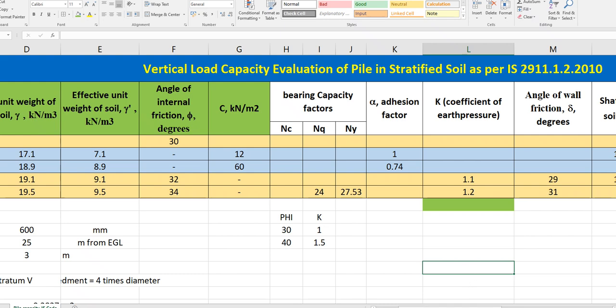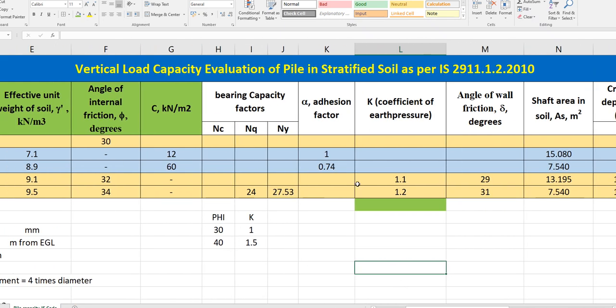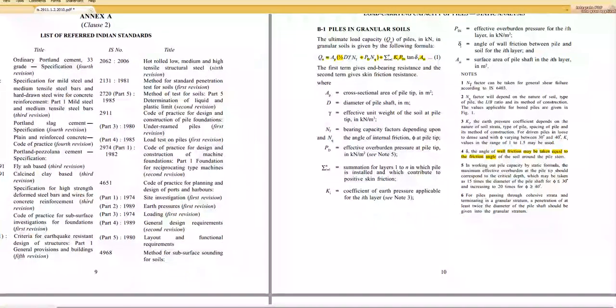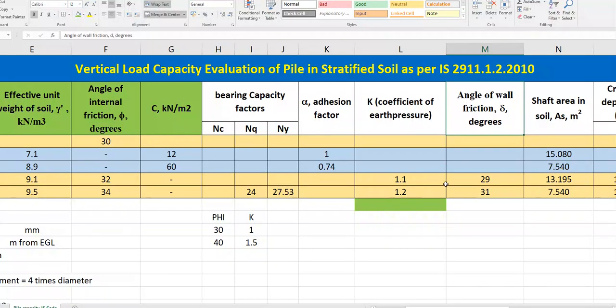Now let's go ahead. So, angle of wall friction. In the IS code, you will see that it suggests the angle of wall friction may be taken equal to the angle of friction of the soil around the pile stem. So IS code is suggesting you can take delta equal to phi.